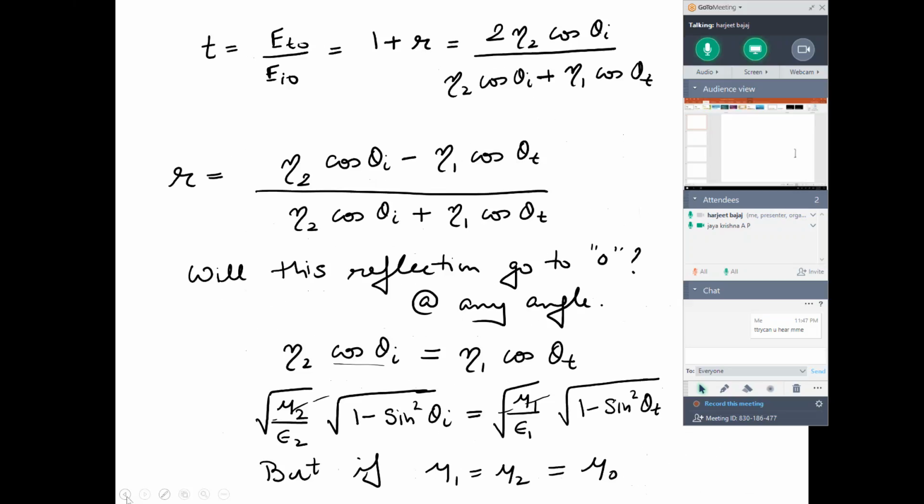So if I take a look at this reflection, and I am in non-magnetic media, this term over here can never be zero.